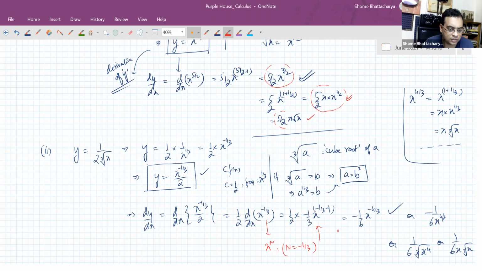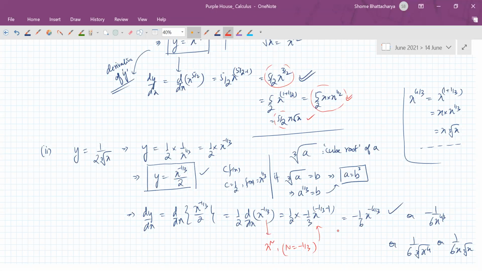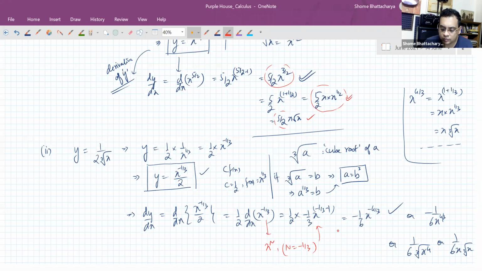It's become the cube root because cube root is power 1 by 3. So 4 by 3, what can I write it as? x to the power 4 whole to the power 1 by 3. Yes, sir. So then I can take a cube root and take inside the cube root x to the power 4.